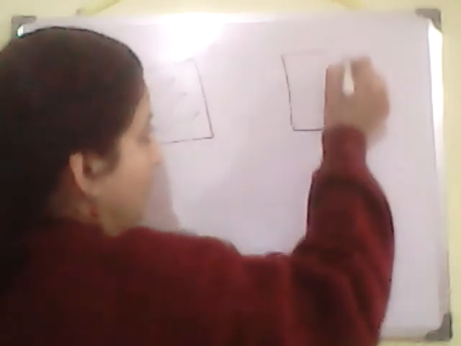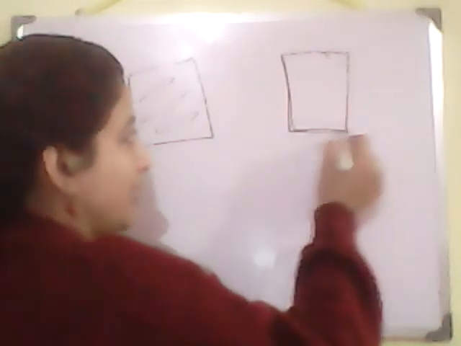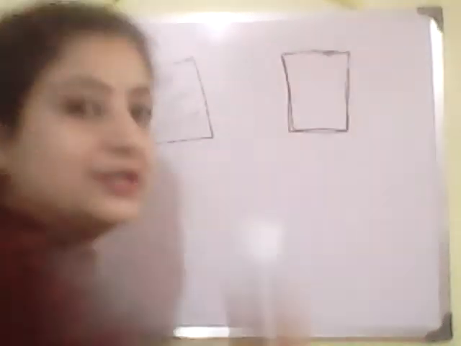So a figure is said to be bounded if it has a continuous boundary. That means the starting point and ending point will merge.